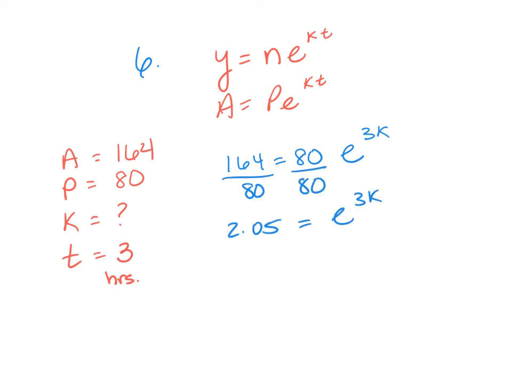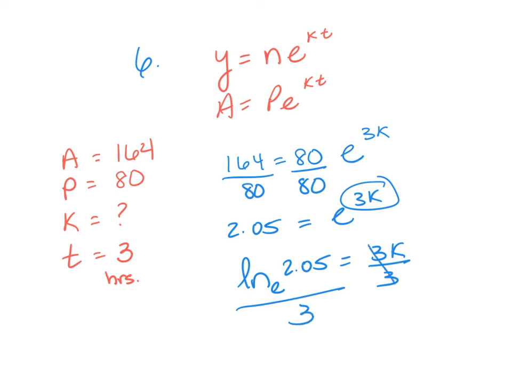When you divide both sides by 80, you get 2.05 equals e to the 3k. Variable up here, I've got to use ln. ln base e of 2.05 equals 3k. So divide that by 3, and you'll get k. So k is 0.2393.